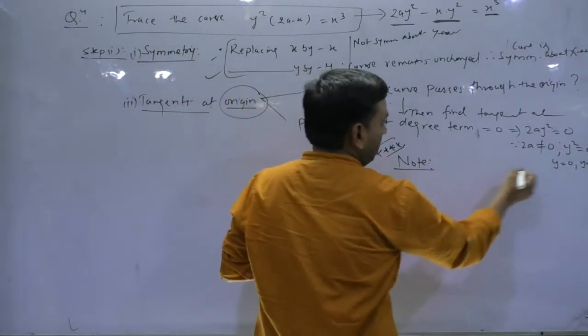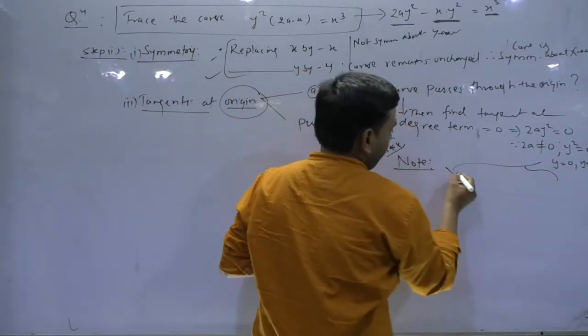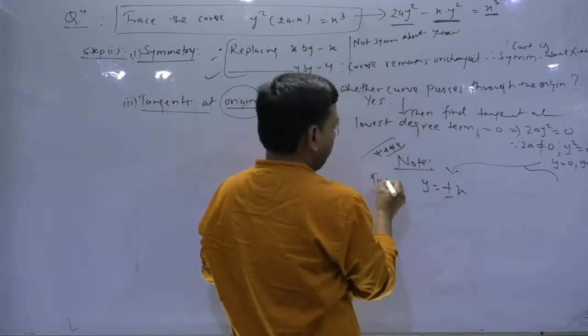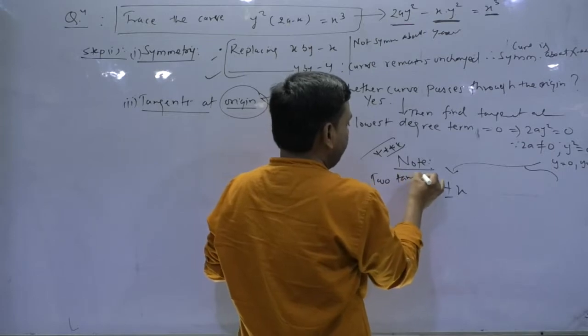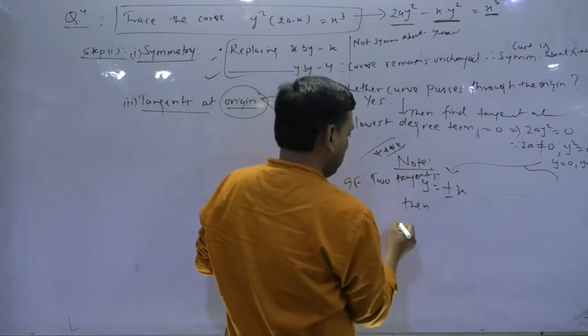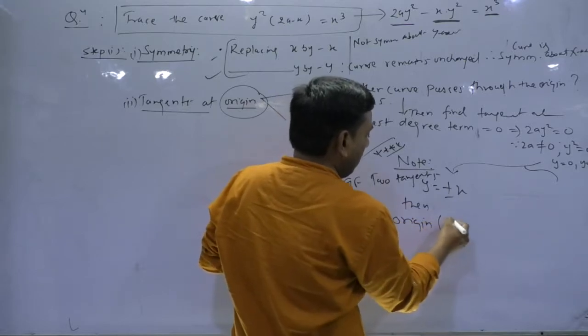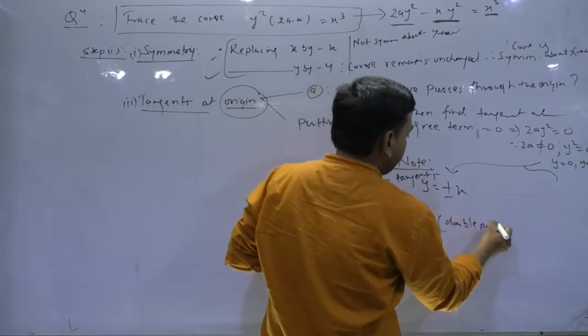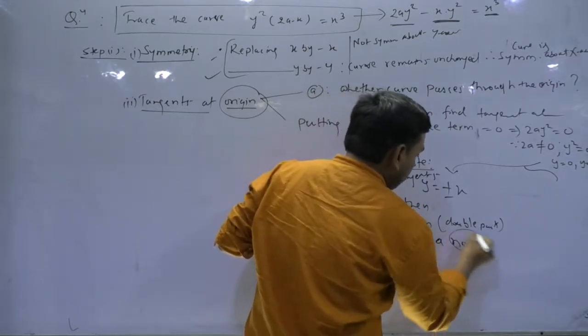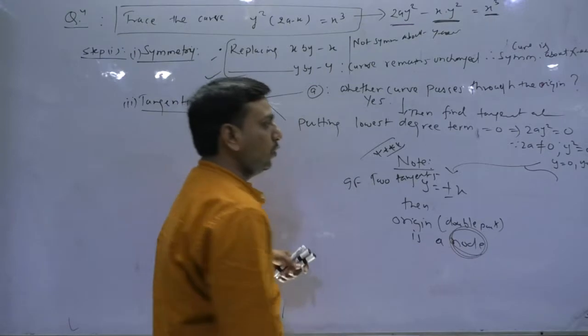सो हियर यू मे हैव टू केसेस बच्चे. व्हाट? इफ यू हैव टू टेंजेंट्स, व्हाट एग्जांपल? टू टेंजेंट्स. इफ दैट इज नोट, देन origin or that double point is a node. What बच्चे? Is a node.